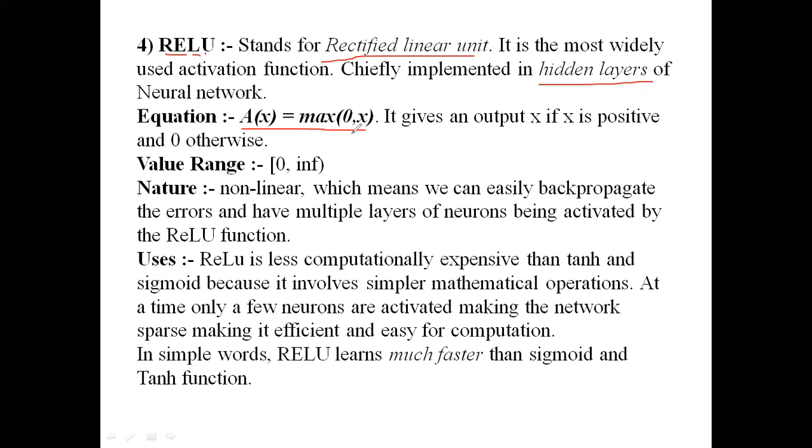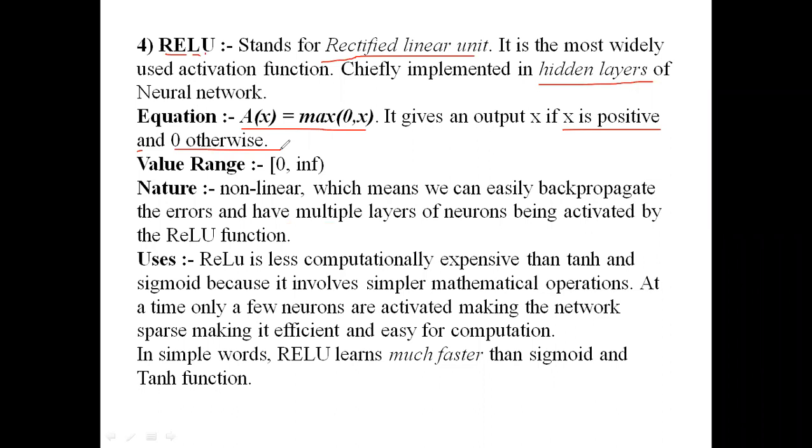If you get the value of output for this function, the output is x if the x value is positive, otherwise 0. It gives outputs whenever the value of x is positive.